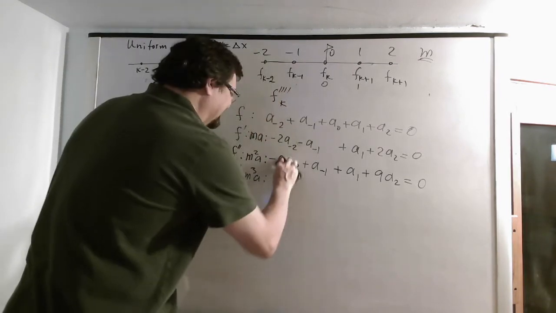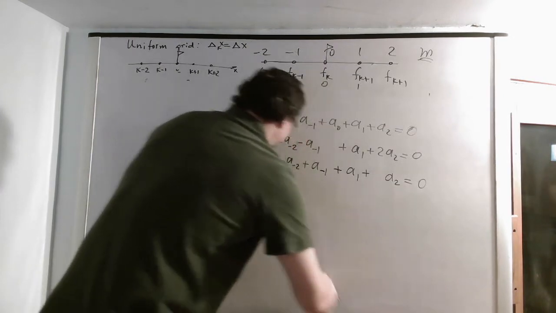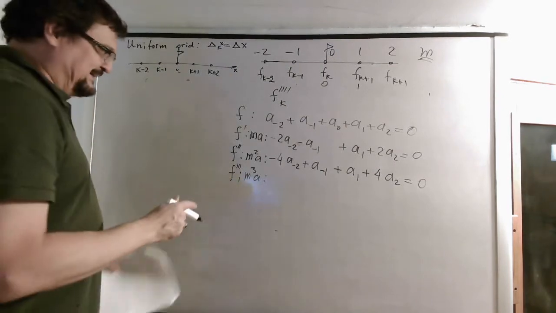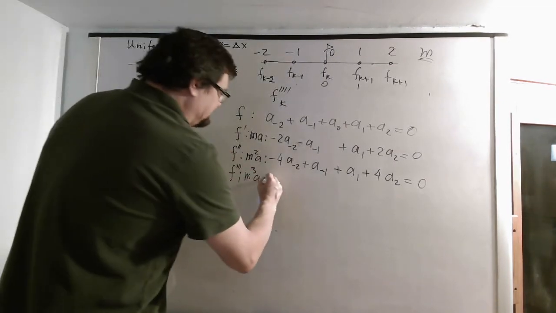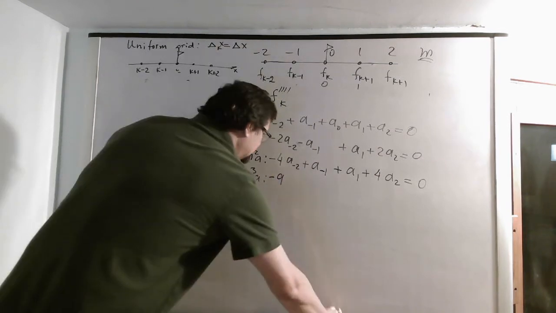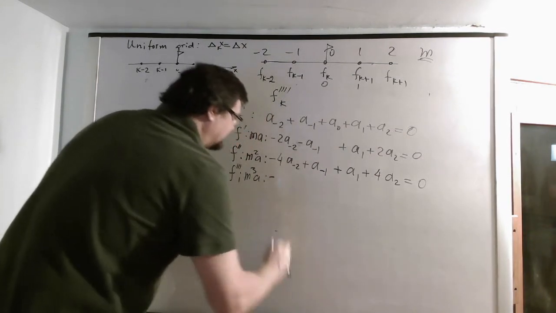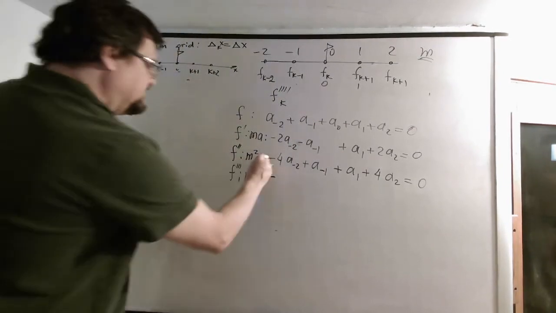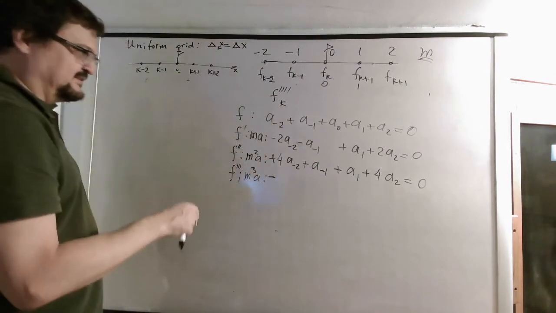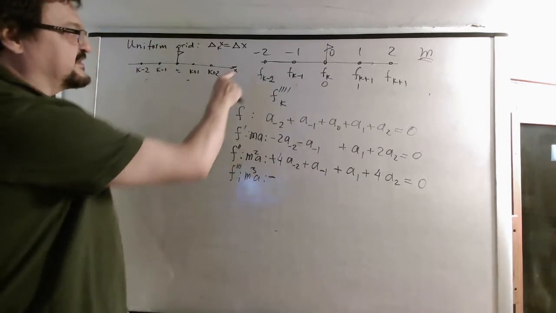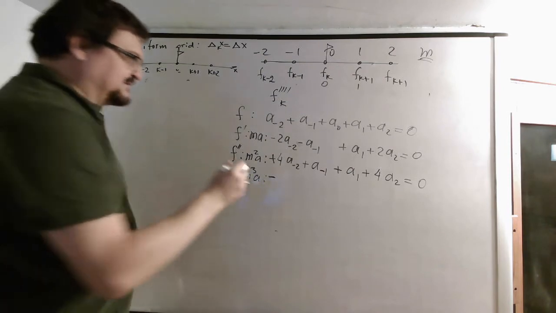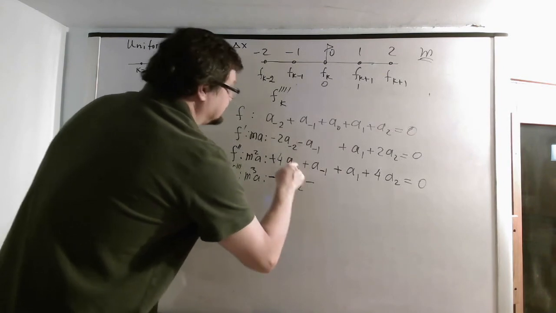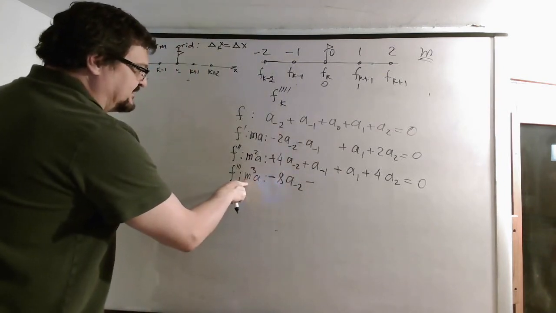Minus 2 cubed is minus 8, minus 1 cubed is minus 1.